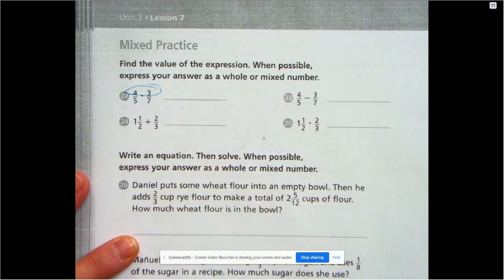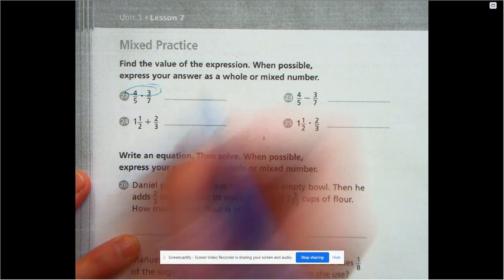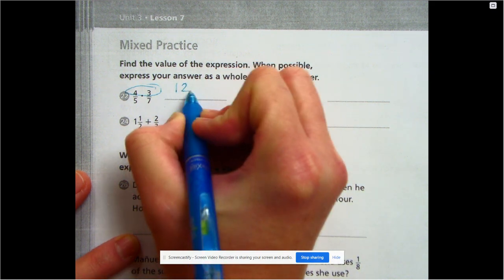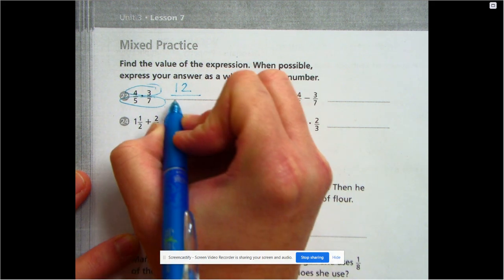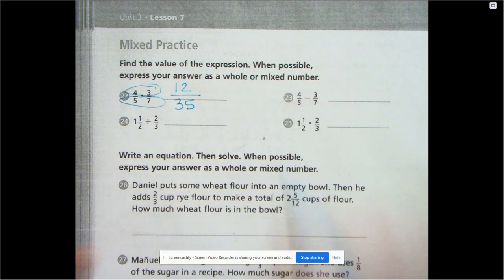So for multiplying, I'm just going to multiply across. 4 times 3 is 12, 5 times 7 is 35. Now I'm asking myself, is this answer already simplified? I am noticing that there isn't a number that 12 and 35 both share. So I am moving on.